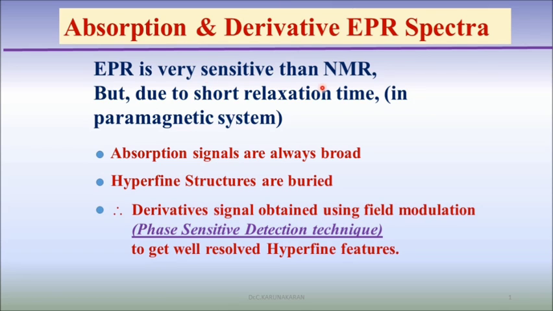EPR is a more sensitive technique than NMR. However, due to short relaxation time in paramagnetic systems, the absorption signals are always broad and hyperfine structures are buried. Therefore, derivative signals are obtained using a phase sensitive detection technique to get well resolved hyperfine features.